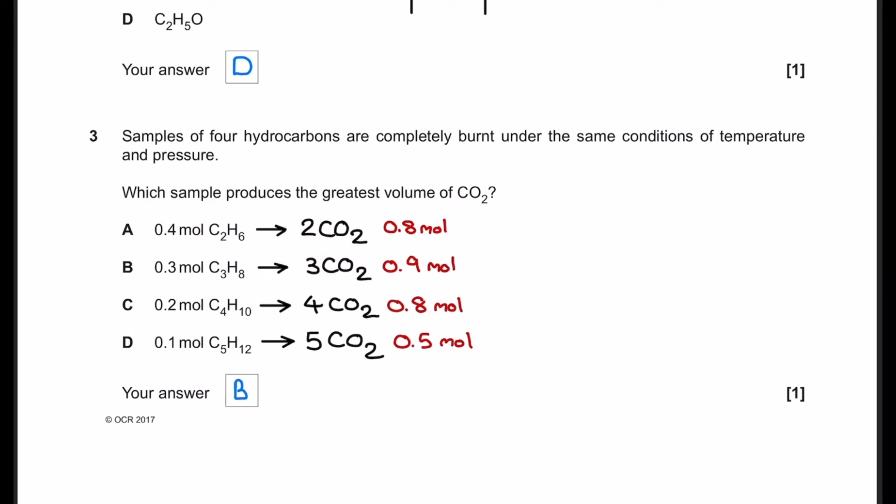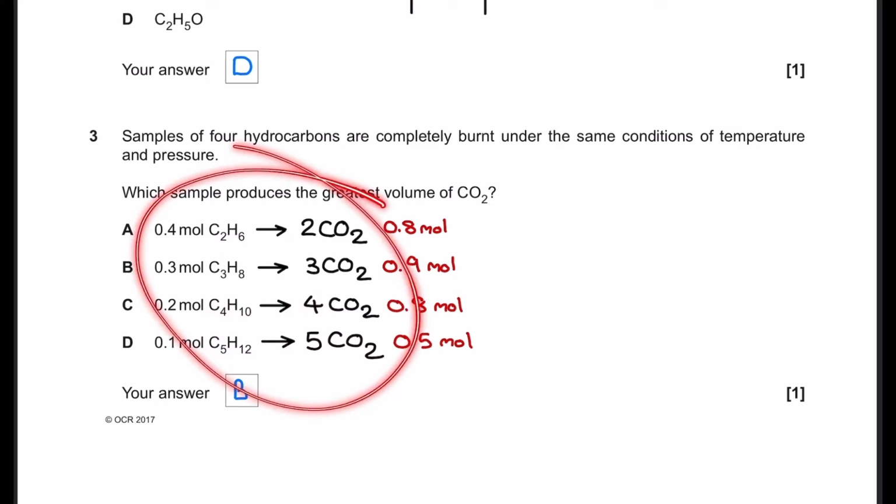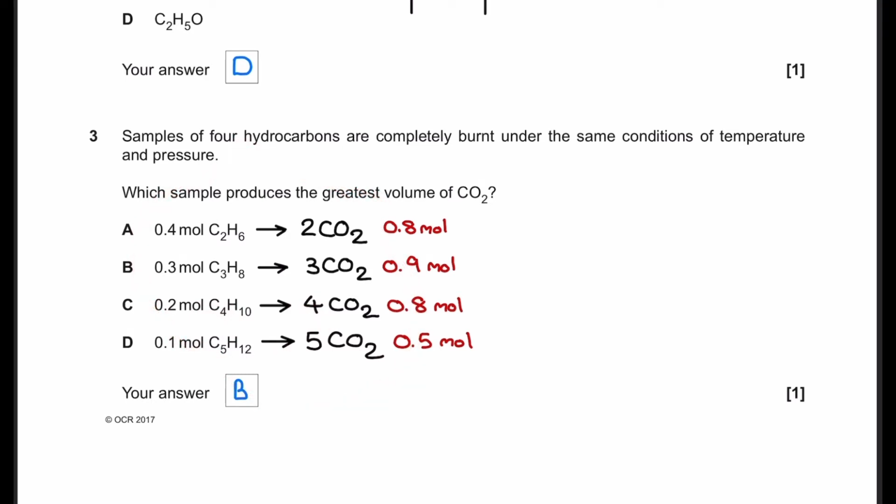So for example, in any combustion equation for these, C2H6 is going to give me 2 CO2, C3 is going to give me 3 CO2, C4 for 4, and C5 for 5. And so I'm able to determine that balancing without writing out the full reaction equation, which again would take more time.